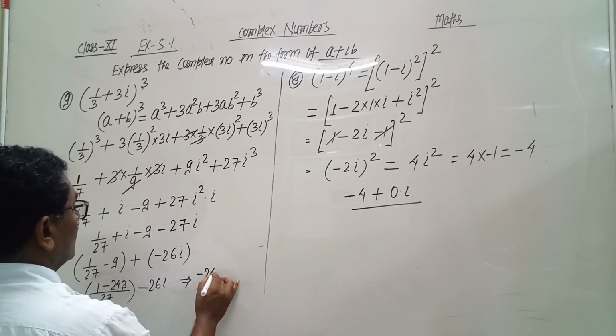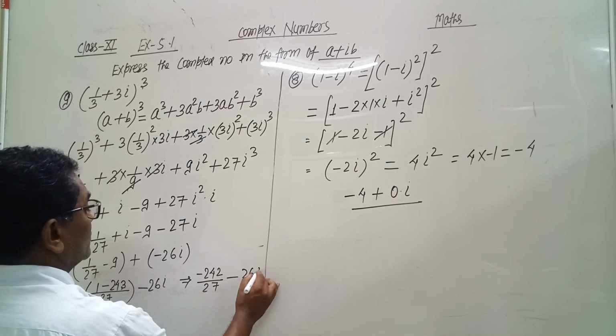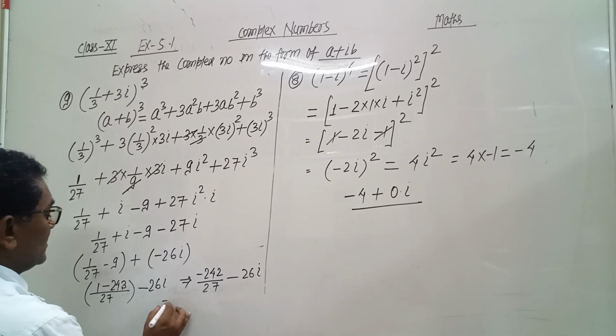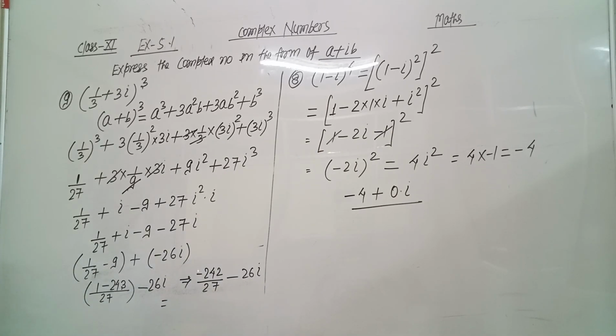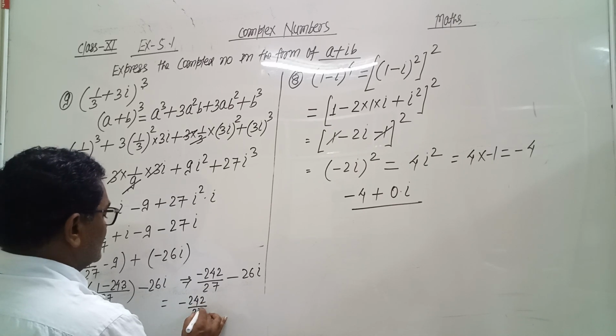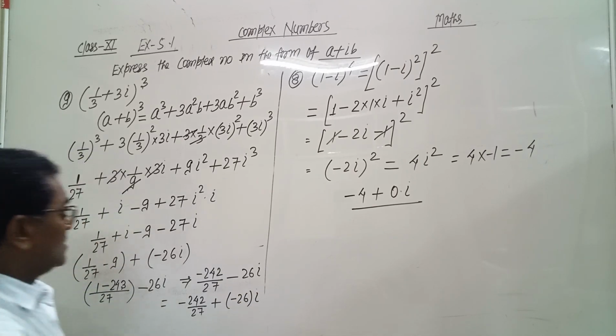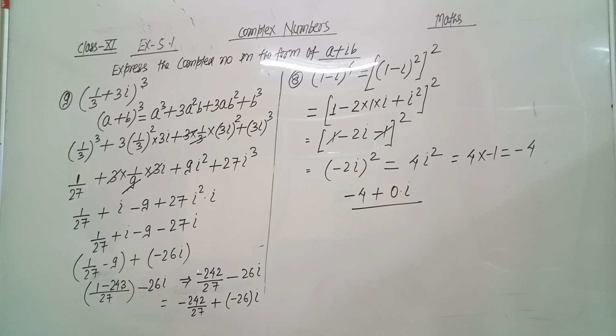This is written in the form a + ib, so minus 242/27 plus minus 26i, where the real part is minus 242/27 and the imaginary part is minus 26.